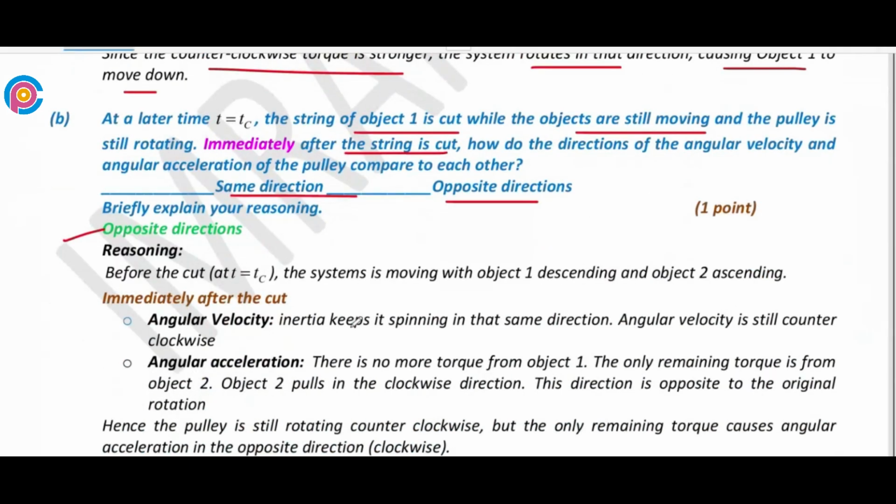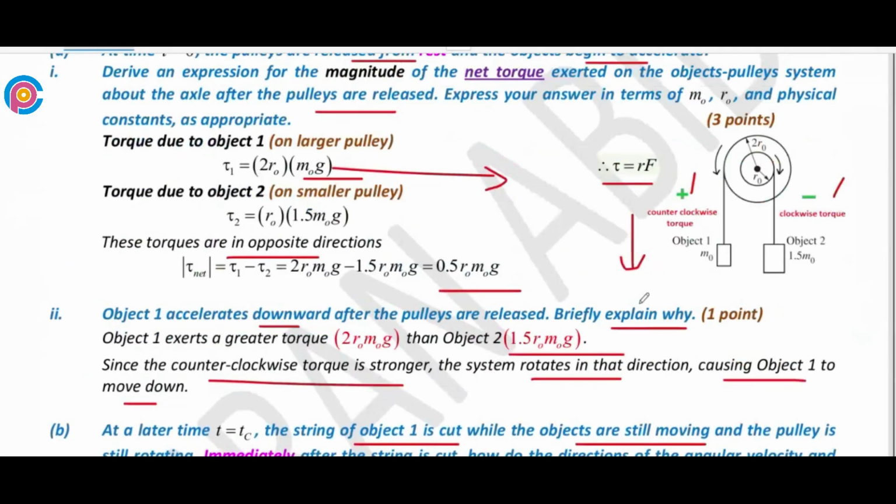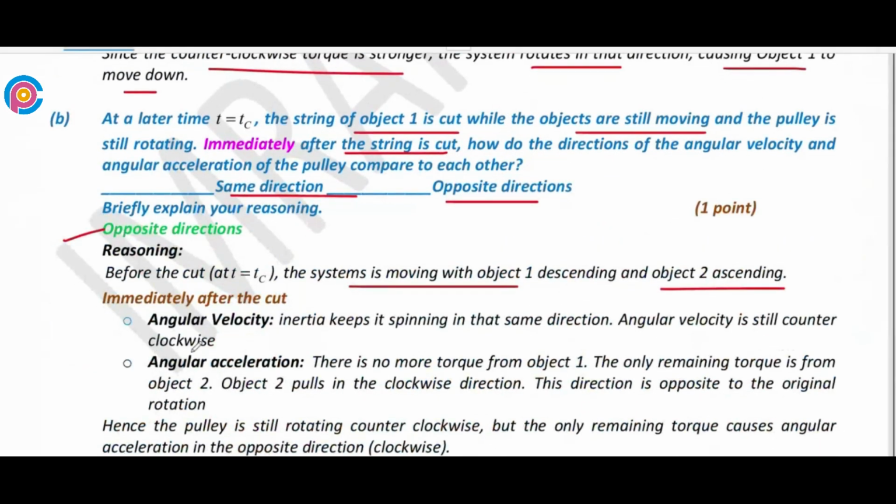Now the reason. Before the cut, at t less than tc, the system is moving with object 1 descending and object 2 ascending, as we discussed in the previous case. Object 1 has the stronger torque, so it moves downward and object 2 moves upward. Angular velocity and inertia keep it spinning in the same direction, so angular velocity is still counterclockwise.